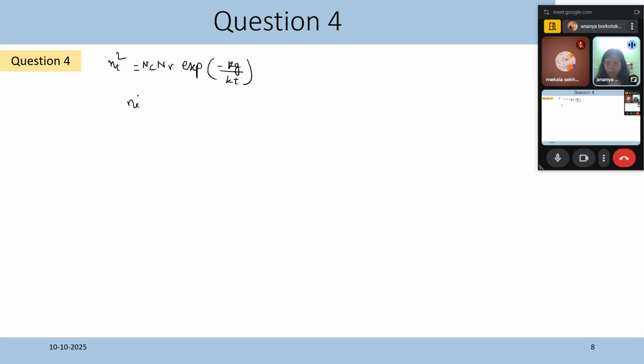So Ni is proportional to Nc/Nv, and if you remember, there is this T to the power 3 by 2 term. Please go to the lecture notes from earlier sessions. This is 2 into Mn star into kT. So it has a temperature to the power 3 by 2 dependency.